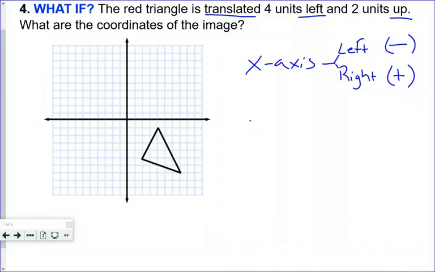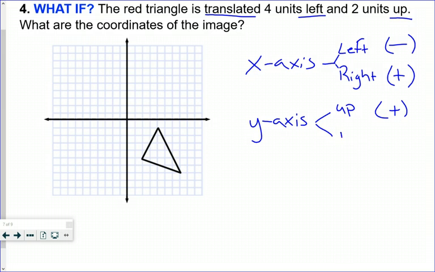The up and down then deals with the y-axis. So if we're going to move up, we move in a positive direction, and if we move down, we move in a negative direction.